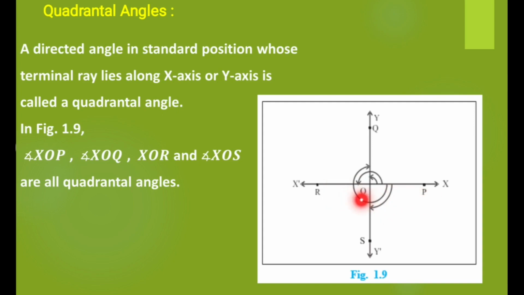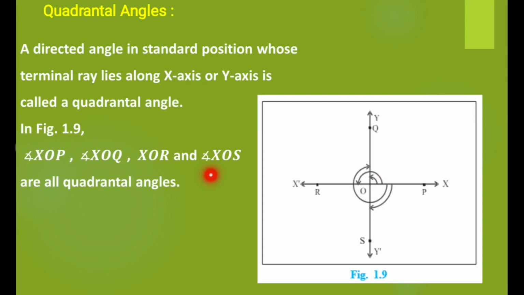This OR is on the negative x-axis. Here it is not mentioned whether positive or negative x-axis. We require only that the terminal arm is on the x-axis or y-axis, which may be positive or negative. So this OX is the initial arm and this OR is the terminal arm, and this terminal arm is along the x-axis.